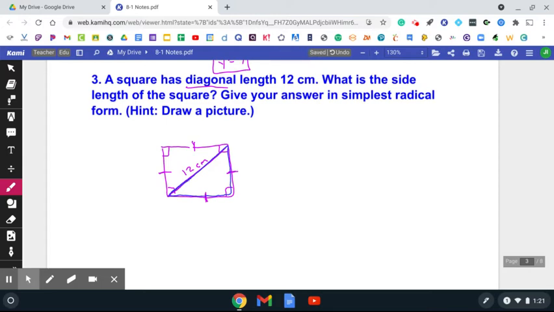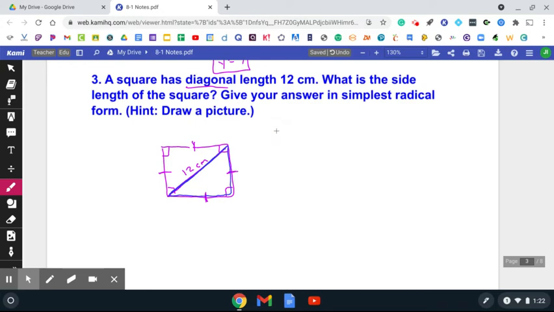So it's kind of an interesting situation because we're used to running the Pythagorean theorem and being given two sides, and then we have to find the missing side. But this time we have two missing sides and we know the hypotenuse. But the one advantage that we do have right now is that these two missing sides, because they're part of the square, have to be the same length.